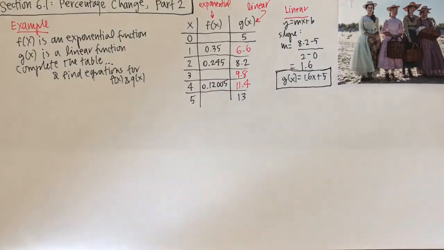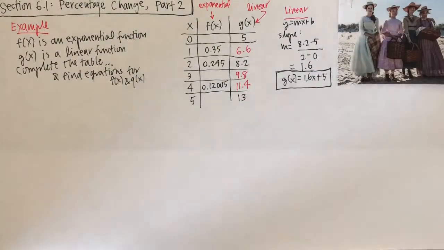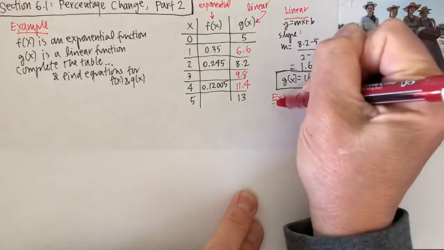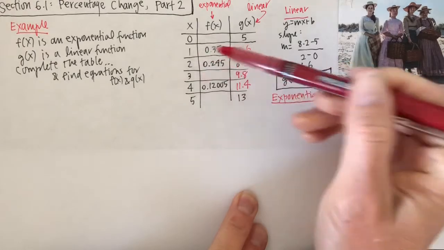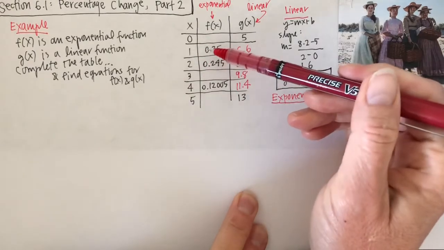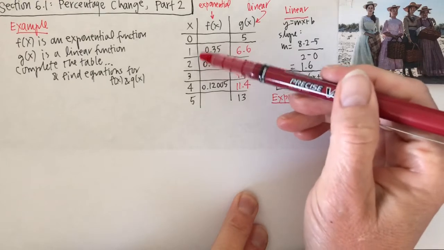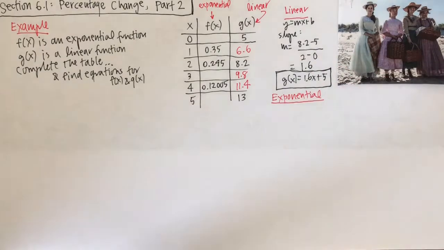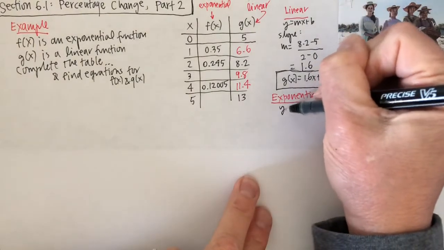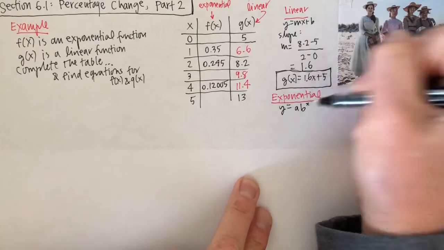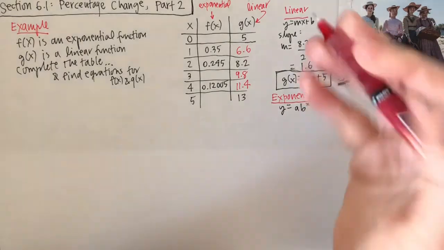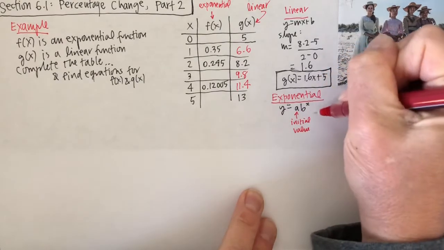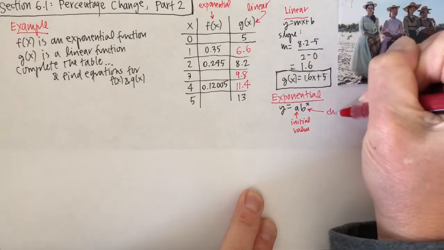Now let's move over to the exponential function and figure out what's going on there. I know with an exponential function that I can take any two values, as long as their inputs are consecutive numbers, and just take the ratio of them, and that'll give me the change factor. My exponential function needs to end up looking something like this, where A is the initial value, and B is the change factor.